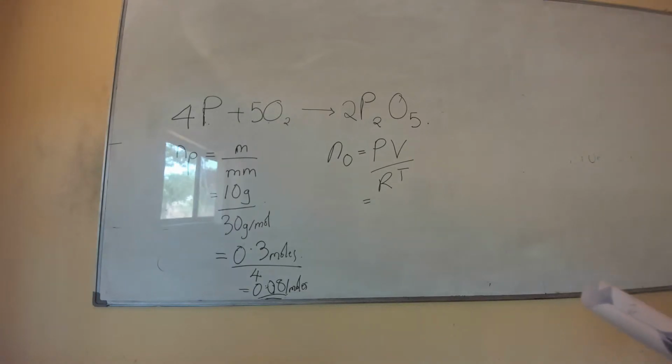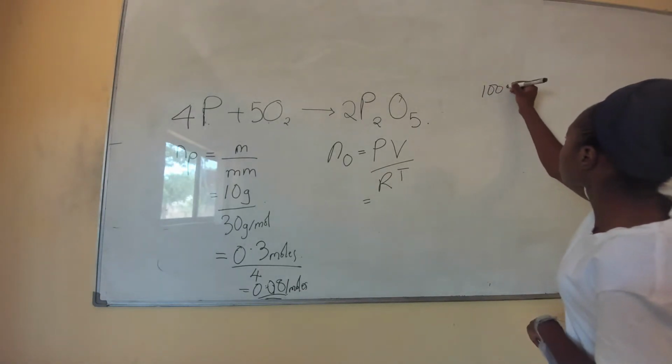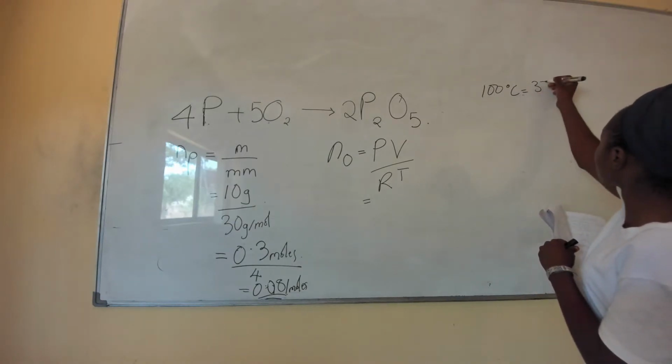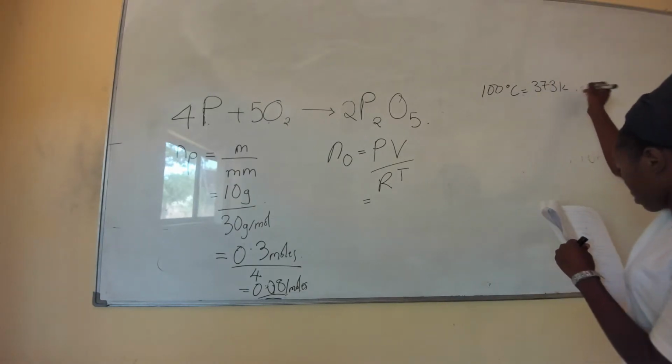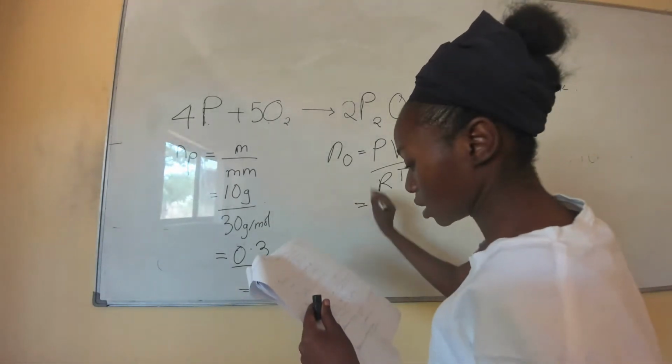We also have R and the temperature, which is 100 degrees Celsius, so we convert it to Kelvin, which gives 373 Kelvin. So we simply substitute.